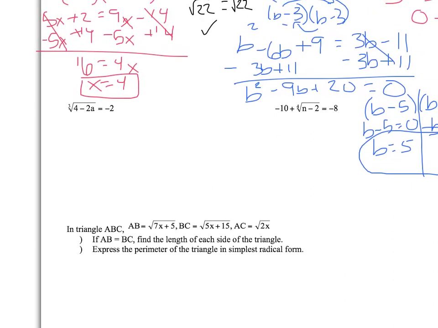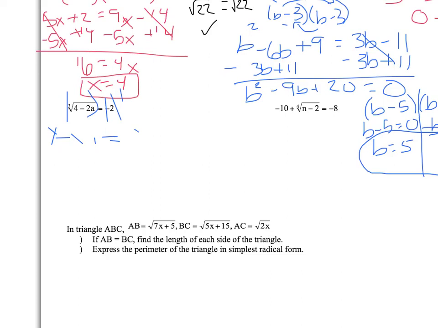Next piece, notice it's a cubed root. To get rid of cubed root, what I said in the beginning was to cube. We have to cube both sides here. The cubed root of 4 minus 2a, cubed, is just 4 minus 2a. Negative 2 cubed is 8.